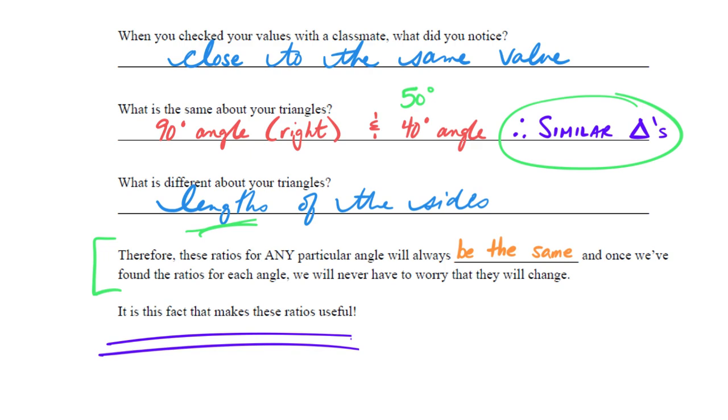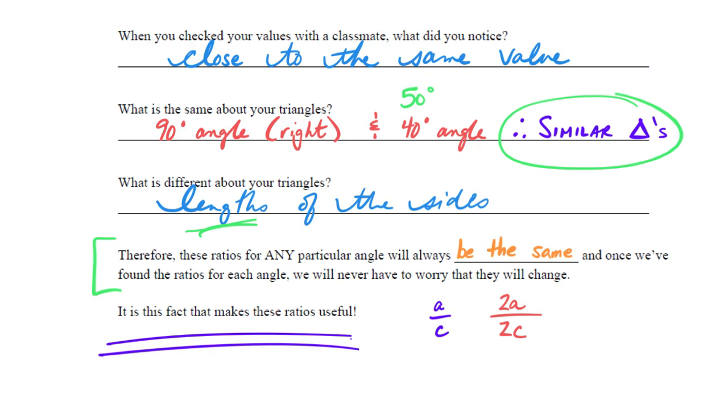Just to make sure that we are good for this fact, when you calculated your A divided by C, if the sides are all proportional, then imagine that somebody else had a triangle whose opposite side was double what yours was. Well, since they are similar triangles, then their hypotenuse would have also had to have been double what yours was.